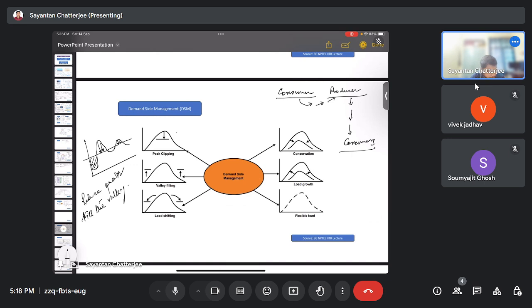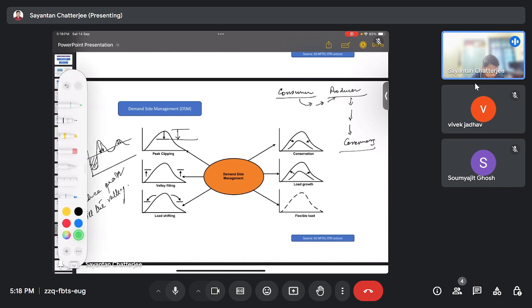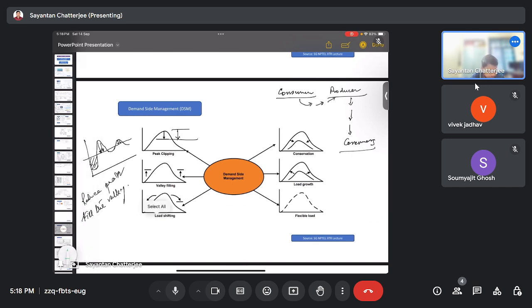So we have this peak clipping. These are types of demand response programs or activities, I would say. This is peak clipping where the peak gets clipped to a lower point, and with this activity, the aim of this demand side program is met.